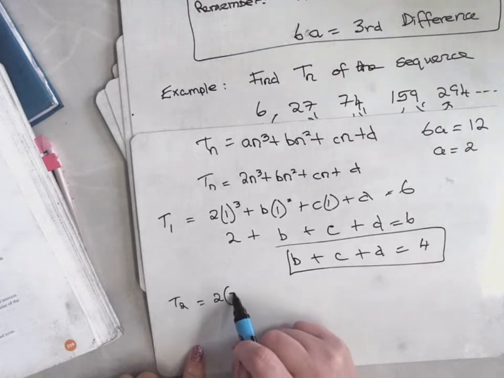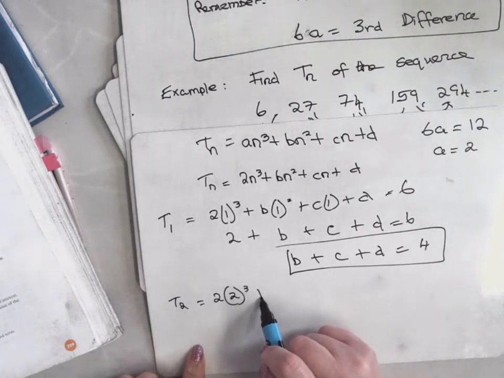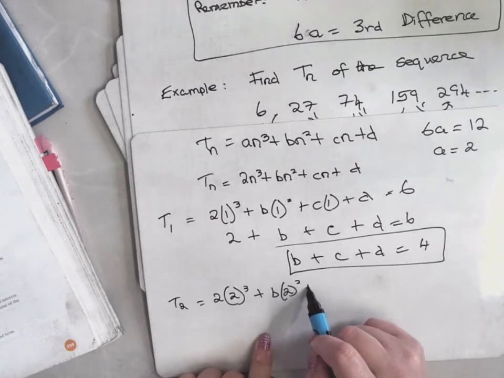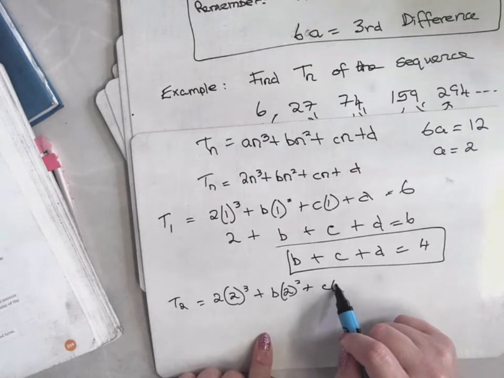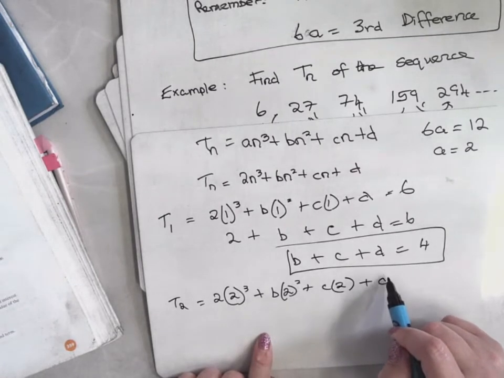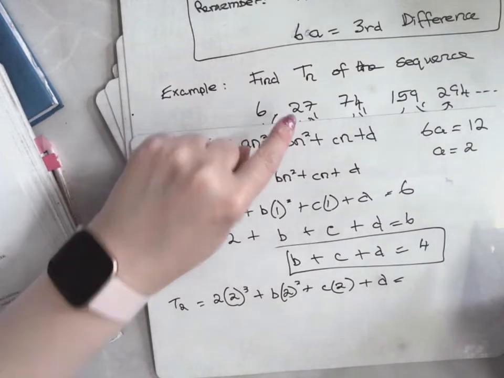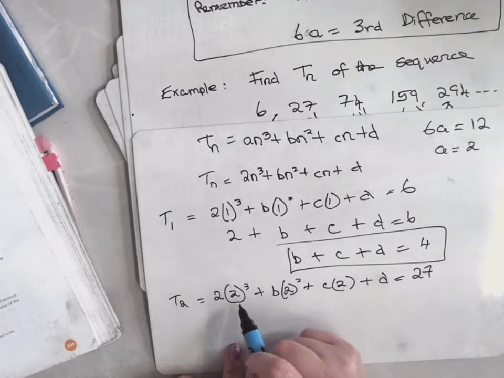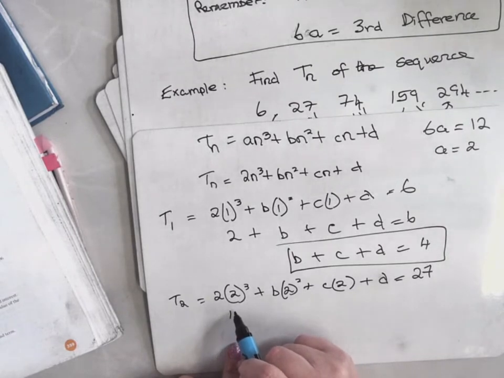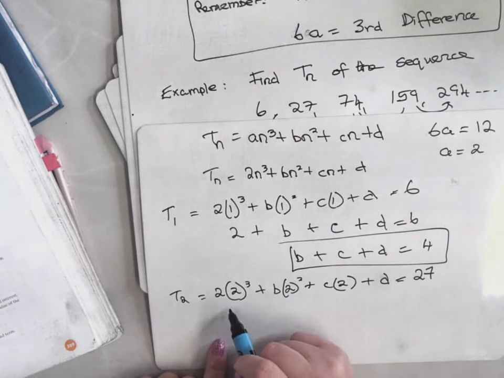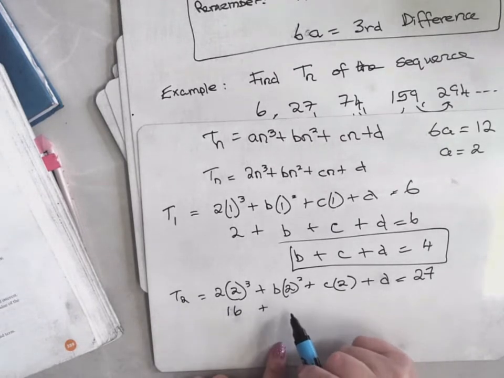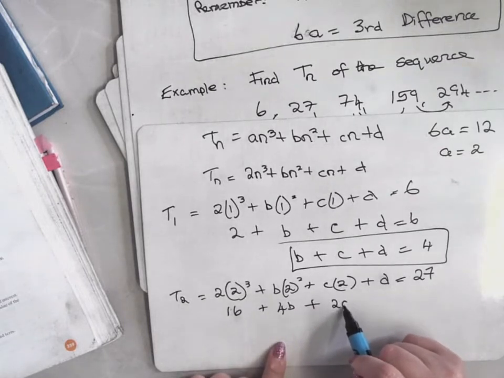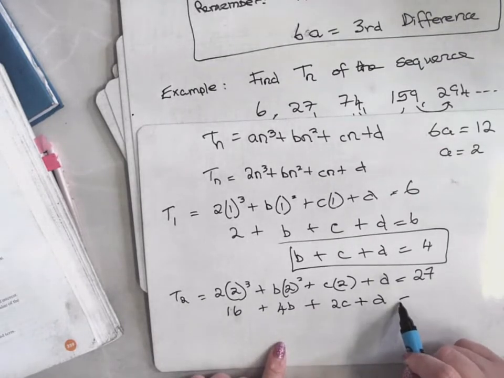So it's 2 times 2 cubed plus B times 2 squared plus C times 2 plus D, and term number 2 turns out to be 27. 2 cubed is 8, by 2 is 16, plus 4B plus 2C plus D equals 27.